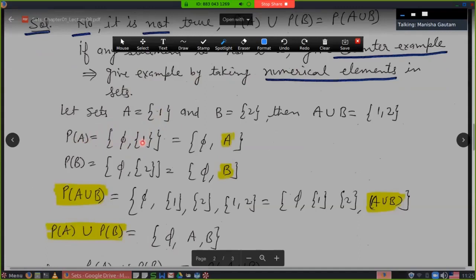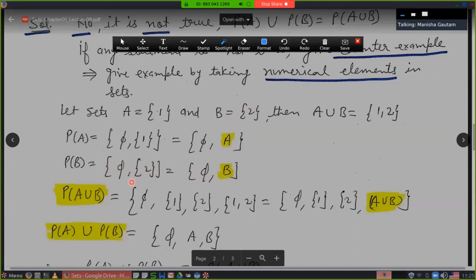It can be written as empty set comma A, because A is itself. In the case of power set of B, element 2 is there in set B. Then the subsets are phi and itself, empty set and itself. Again this itself set is set B. Now phi comma B. Both are ways to write power set of A and power set of B. You can write in any way.